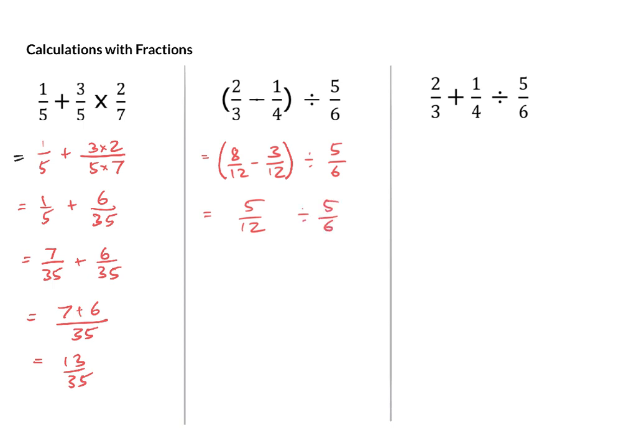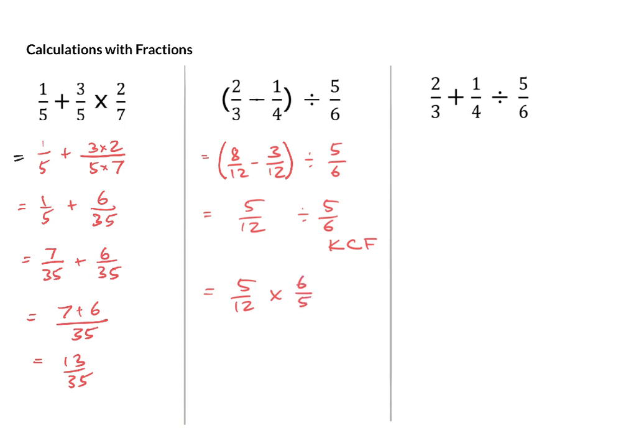Now when you divide fractions, you should remember the rule is to keep, change, and flip, the KCF. It's like KFC, but a bit messed up. So I keep my first fraction the same, 5 over 12. I change the symbol from divide to multiply, and I flip the second fraction upside down to become 6 over 5.